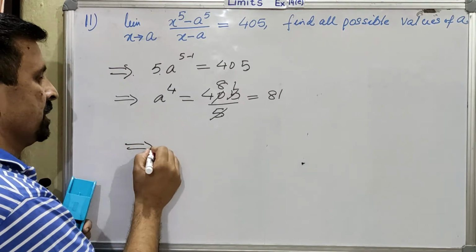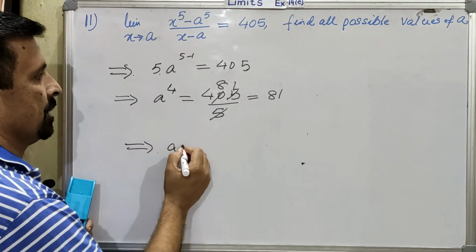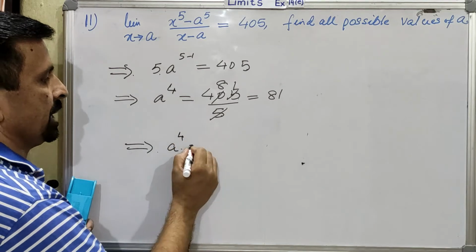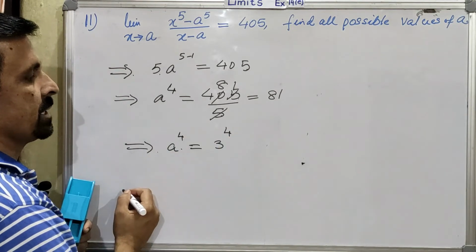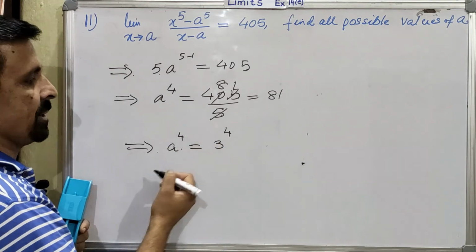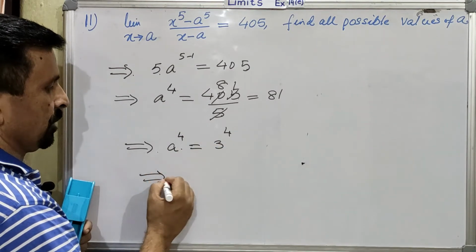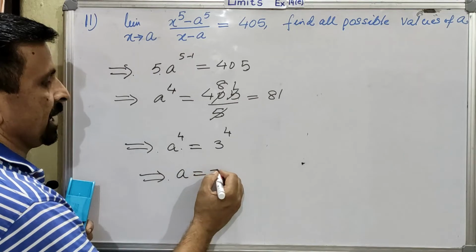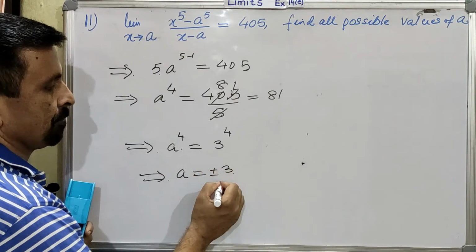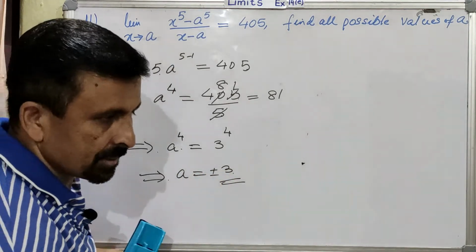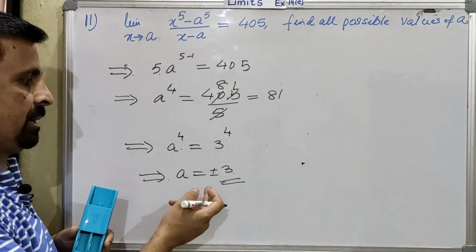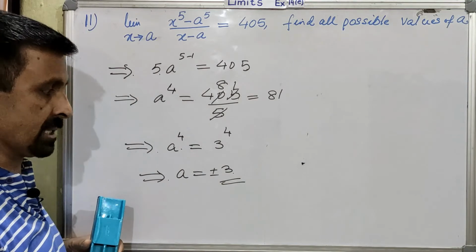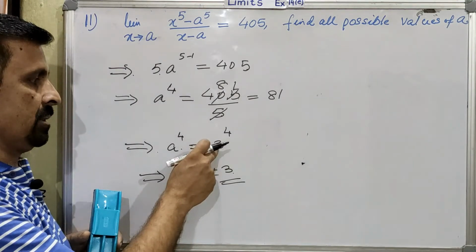Now this implies a to the power 4 is equal to 3 to the power 4. Since the powers are the same, the bases can be equated. Therefore, the possible values of a are plus minus 3. This is your answer. It's very simple, right? Now you will say, sir, why is this plus minus 3? It is because this is positive.